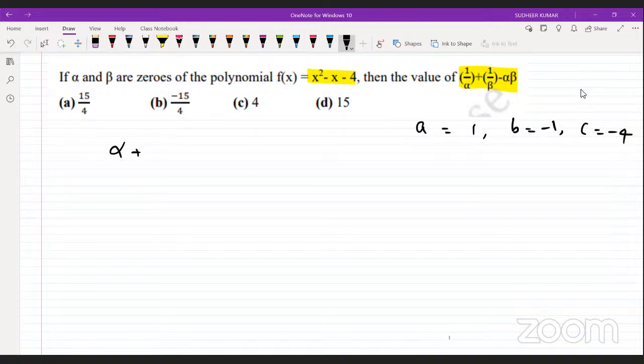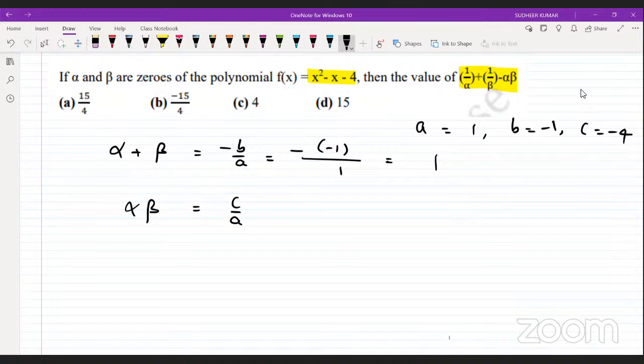Now alpha plus beta equal to minus b by a. Minus b is again minus of minus 1, by a is 1. So the result is 1 by 1, that is 1. Next, alpha beta equal to c by a. C is minus 4 by 1. So the result is minus 4.